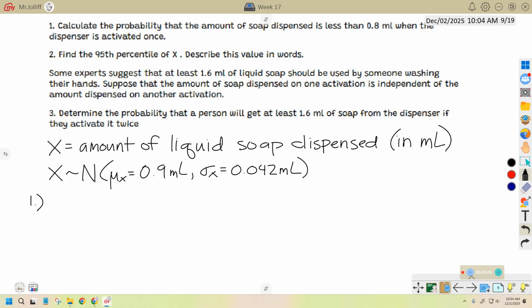So probability is P, amount of soap dispensed is X, and I want it to be less than 0.8. Yes, this is what I want to find. And then the do is the picture and the math. And then the conclude is the sentence that follows it up.